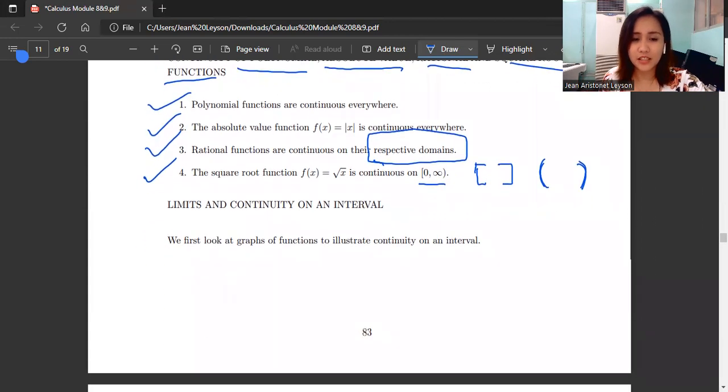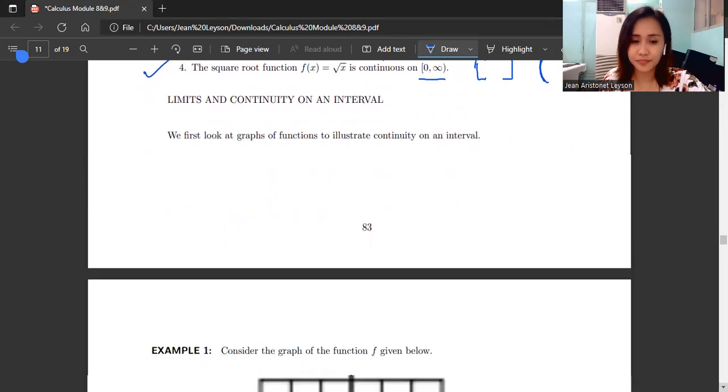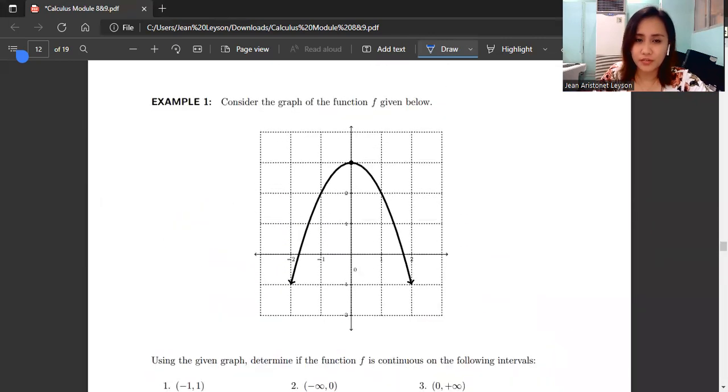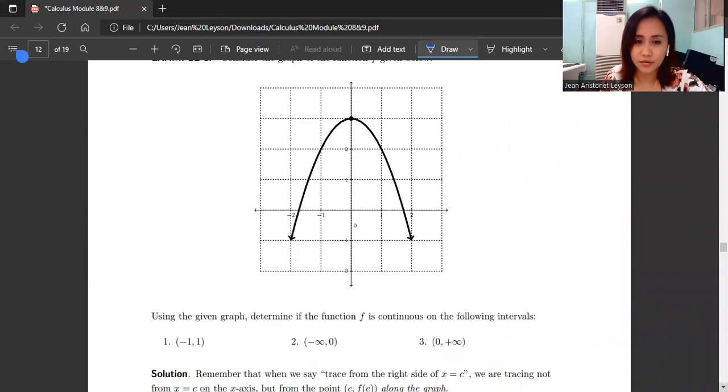So limits and continuity on an interval. We first look at graphs and functions to illustrate this type of continuity. So same with earlier. So given the graph of the function, using the given graph, determine if the function f is continuous in the following intervals.